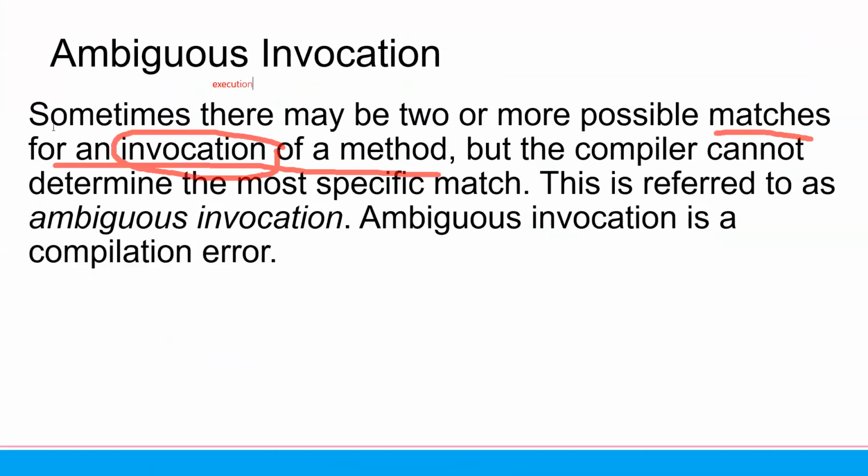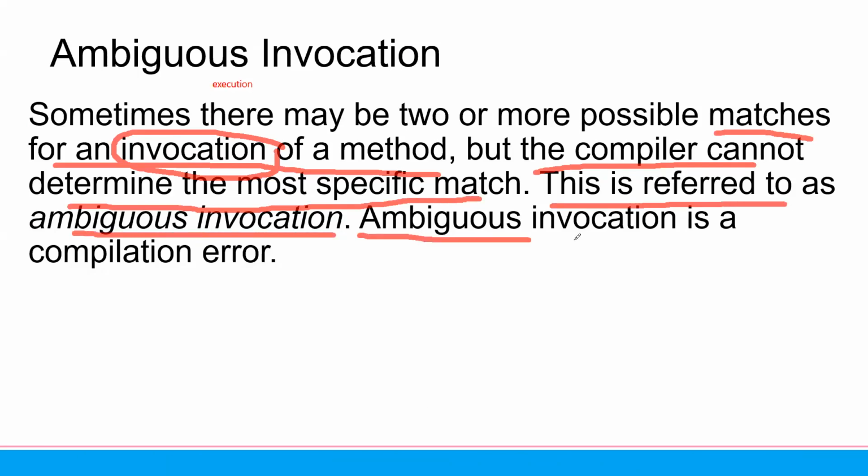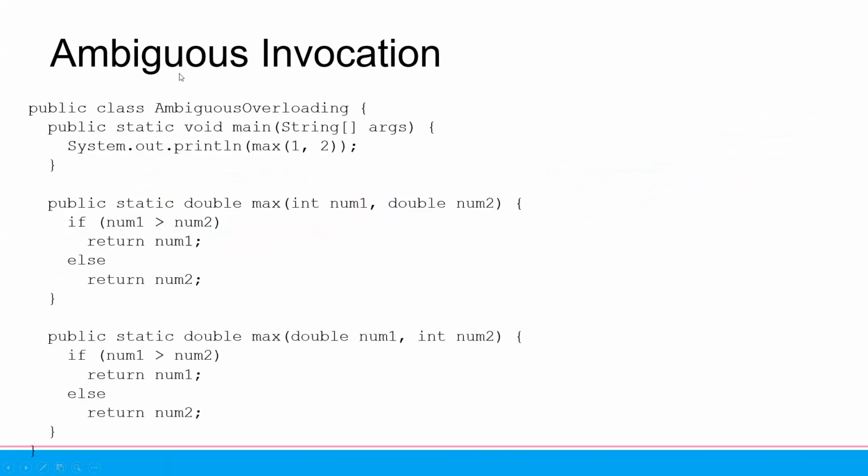But the compiler, Java compiler, cannot determine the most specific match. This is referred to as ambiguous invocation. And this ambiguous invocation is a compilation error. This is the meaning of ambiguous overloading.